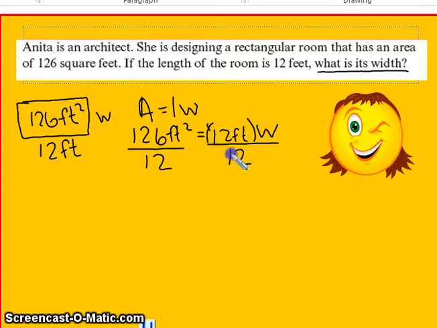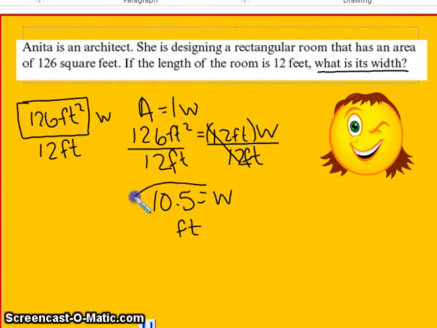Over here, 12 divided by 12 cancels, and we are just left with W. On the left side, I have 126 divided by 12 feet. 126 divided by 12 is 10.5. Now, since I'm taking feet squared and dividing it by feet, my units are feet. So the width of this room is 10.5 feet.